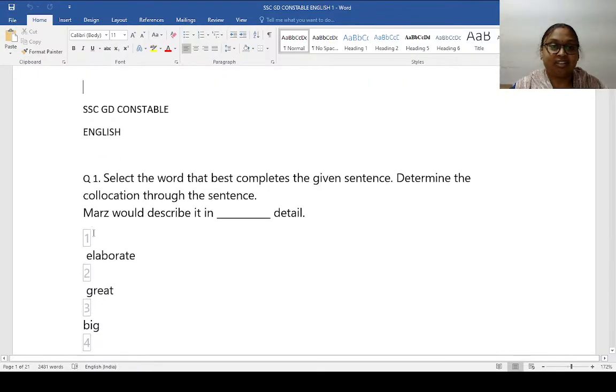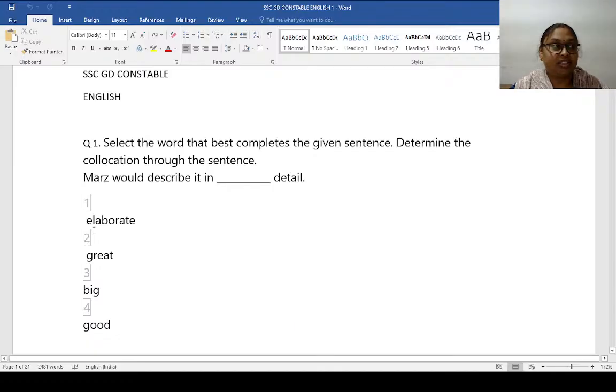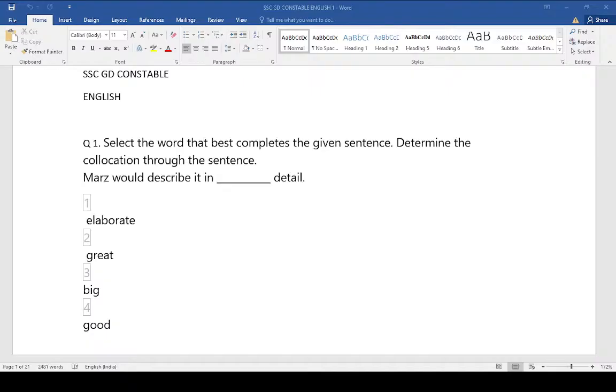First question. Select the word that best completes the given sentence.